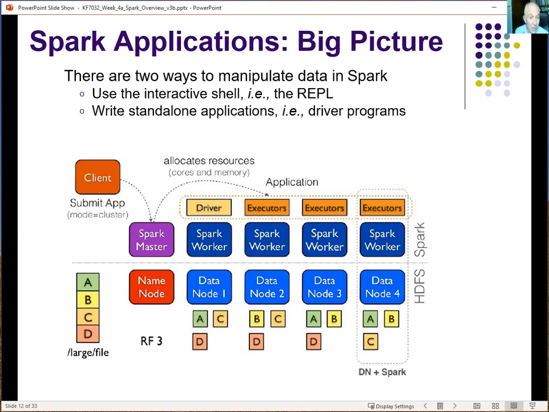So here, for example, we've got our client, we've got the master, there's the driver program, multiple executors, which I've mentioned already, multiple data nodes. This is happening transparently. So our application is essentially getting distributed and worked on across these nodes.